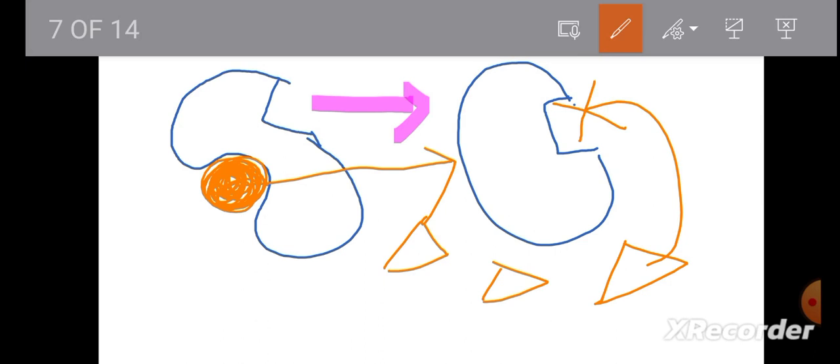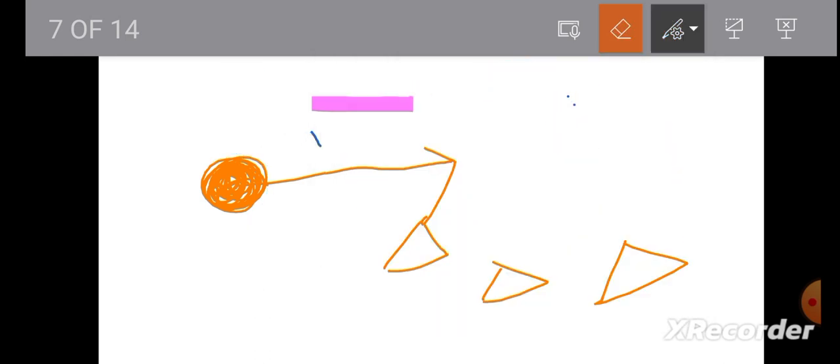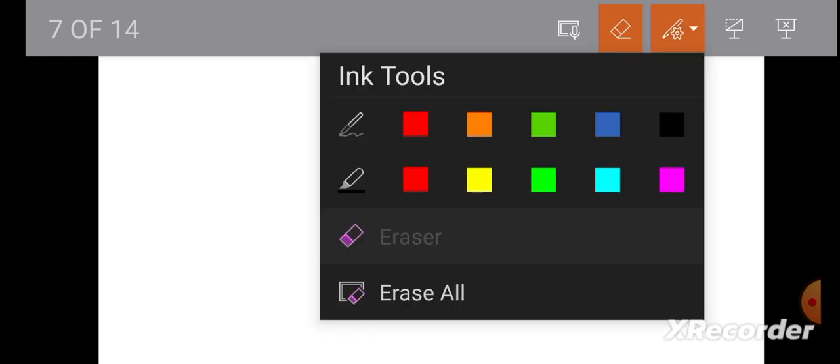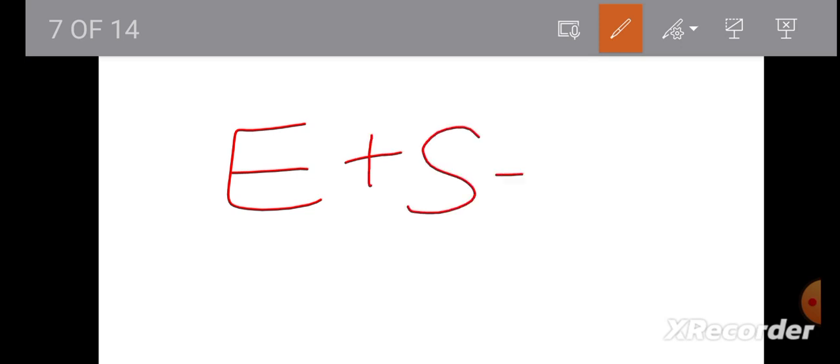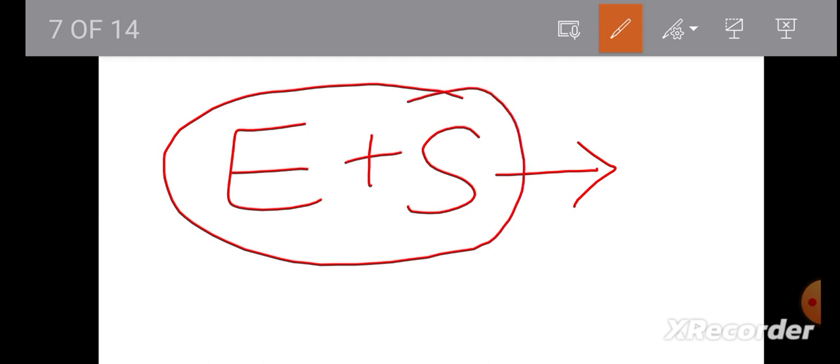You all know that for the formation of product, what is essential? Yes, the enzyme plus substrate complex is essential, because as a result of this complex alone, the product will be synthesized.